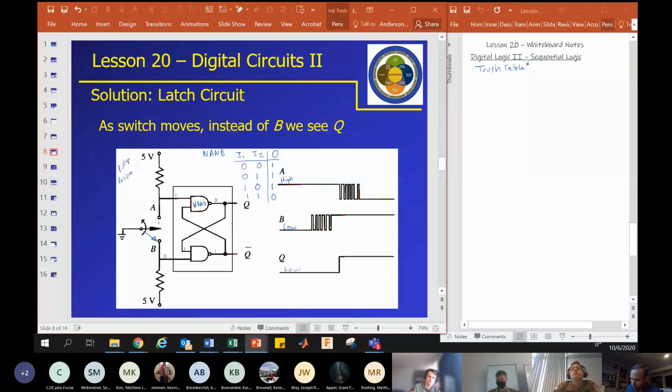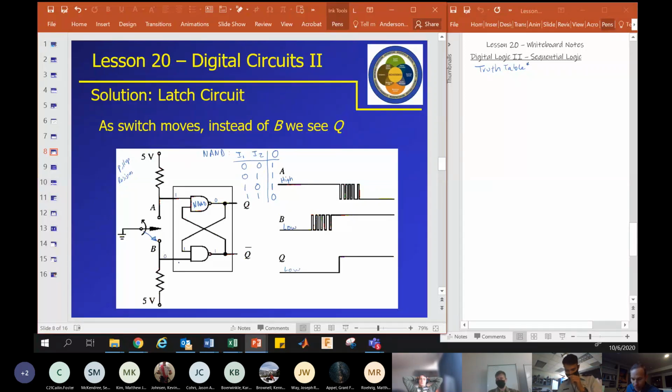A will eventually go low when we get the switch closed, but we're not there yet. So initially, Q naught is 1, and it can't change back to 0 until both of its inputs are high. So it can't go low until Q goes high and B goes high.